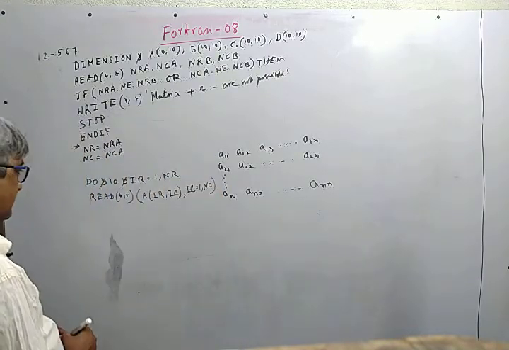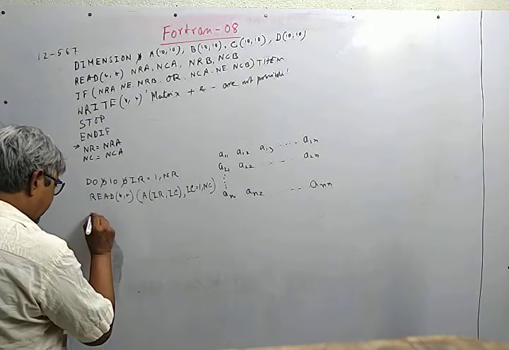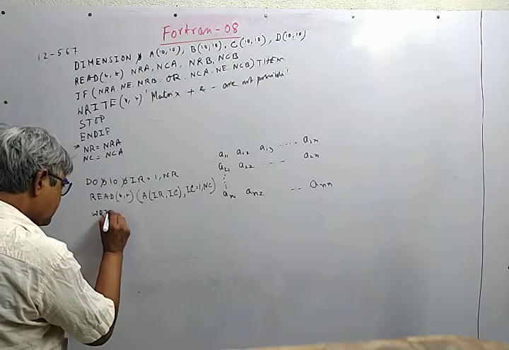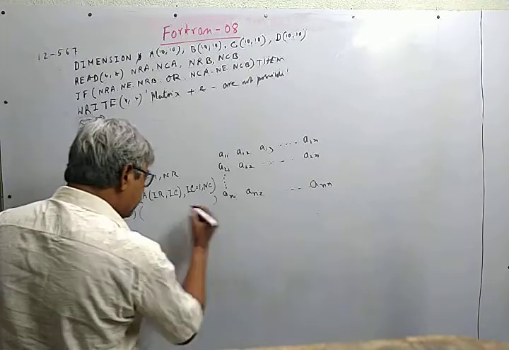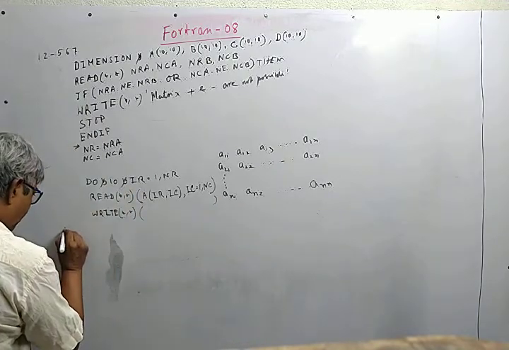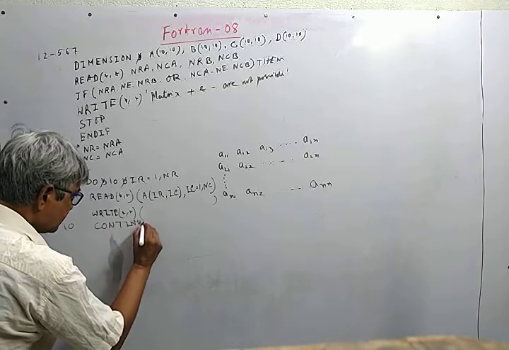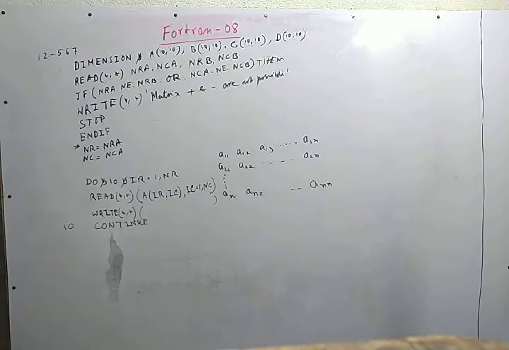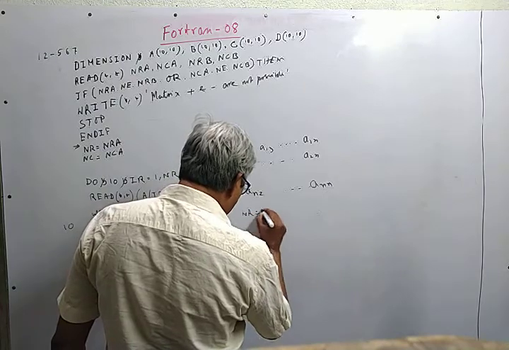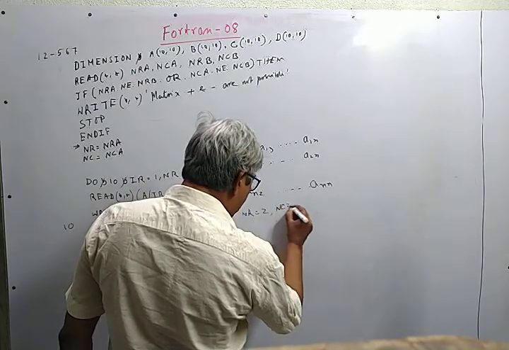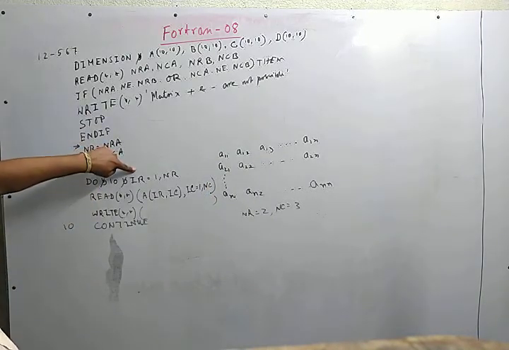Now what it does, then I write exactly same thing, and then within 2 to 5 columns, 10 continue. What the program does, it takes, for example, NR is equal to 2 and NC is equal to 3. So it first assumes the value of IR is equal to 1.